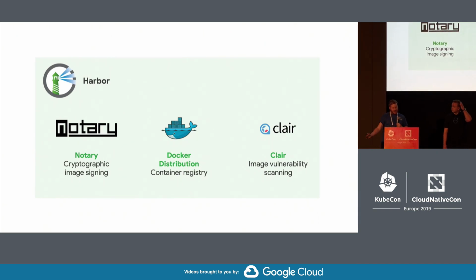So yeah, like I said, here are the main tools that we're using as part of Harbor. We've got a Docker distribution for our container registry. We've got Notary and Harbor for our cryptographic signing with Docker Content Trust, and then Clair for our image scanning. We will use all of these tools in the workshop. You'll have at least a little exercise on all of them.